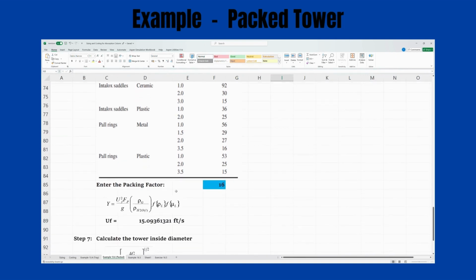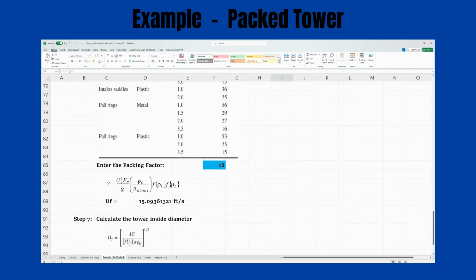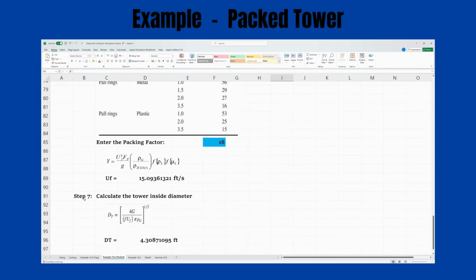We substitute all the information into this formula, then we can get the flooding velocity. After that, we can proceed with the last step to calculate the tower inside diameter. After substituting all the values, the DT is equal to 4.307 feet.